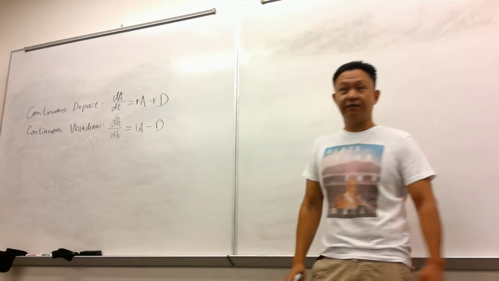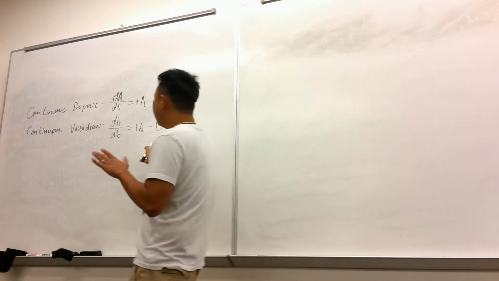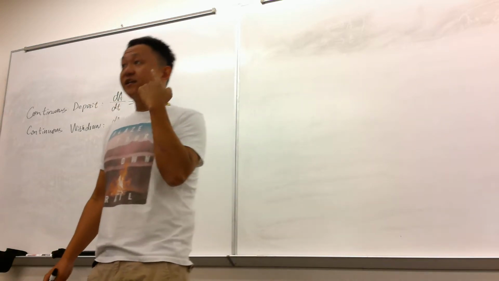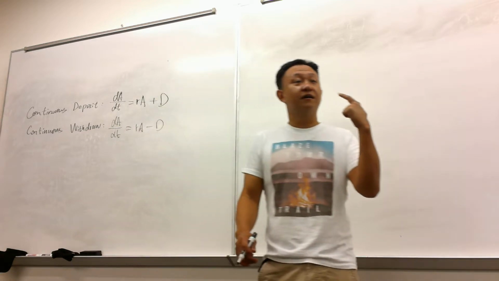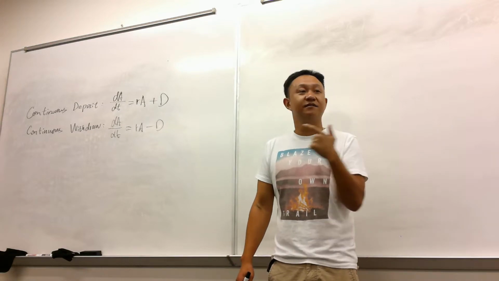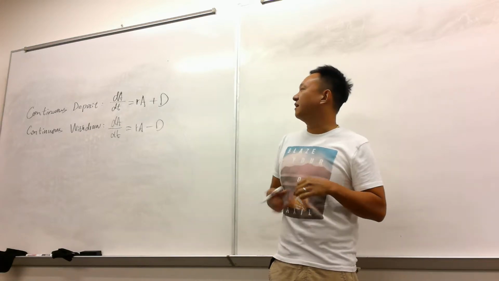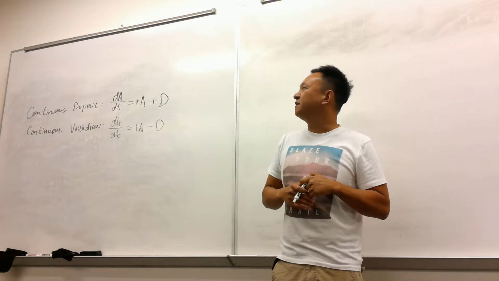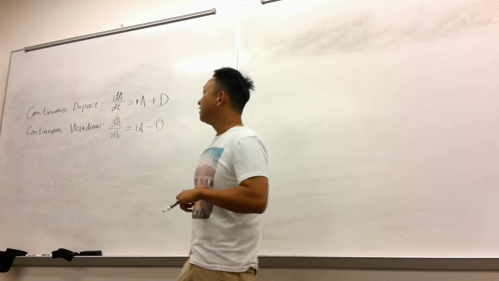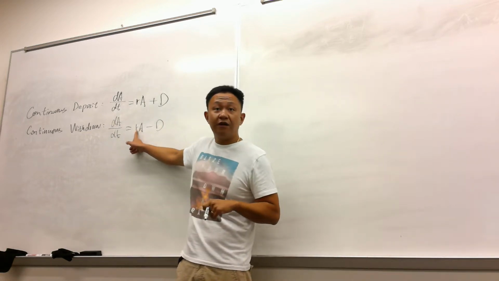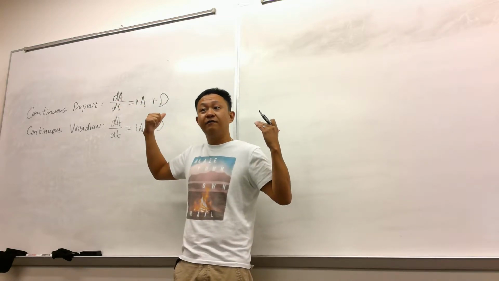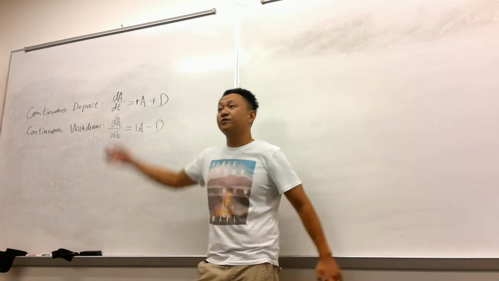So RA minus D. Given a question, you first need to figure out if the interest is compounded continuously. If so, you use this model, and then you figure out if it's continuous deposit or continuous withdrawal, and use one of these two models. You need to figure out your interest rate R and the money you put in or take out every period. And then how do we solve this system, guys?